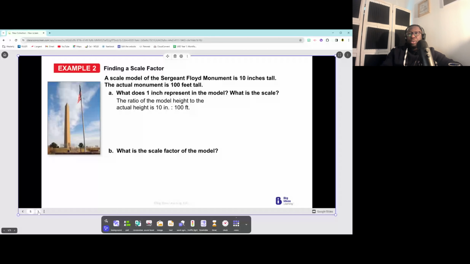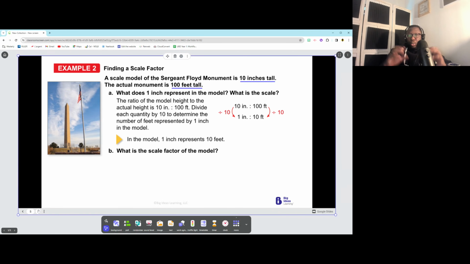Well, the ratio of the model to the actual height is 10 inches to 100 feet. As we said before, to figure out what the scale is, we need to figure out what that is equal to in terms of just 1 unit. So we're going to divide each quantity by 10 to determine the number of feet represented by 1 unit, in this case, 1 inch on the model. When we do so, we see that 1 inch represents 10 feet.